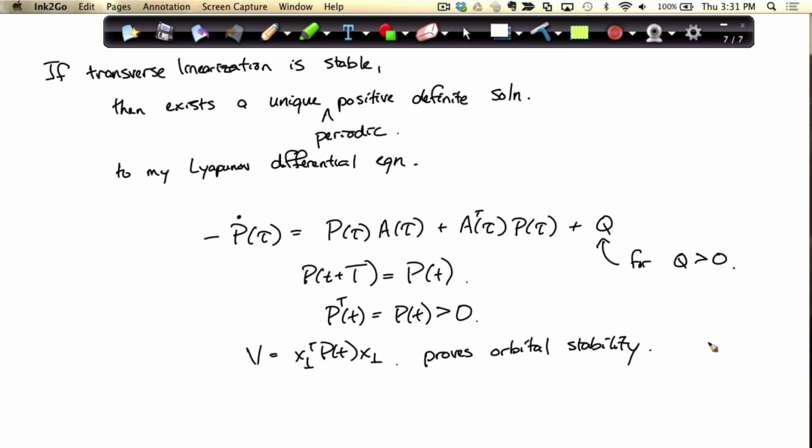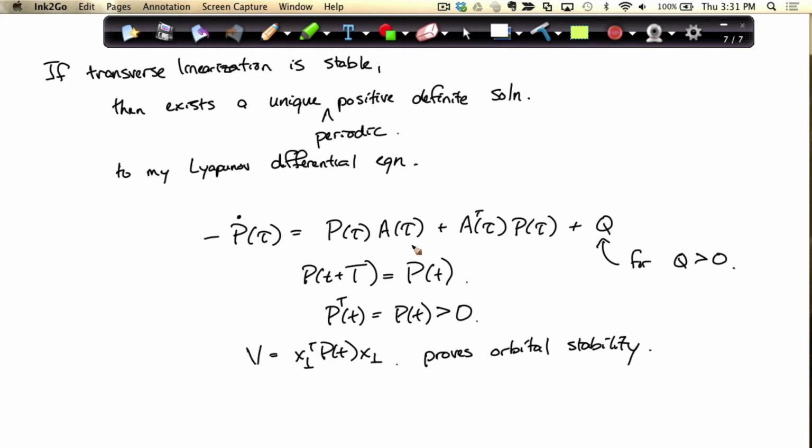You can just solve the Lyapunov equation with specific methods. And that gives us a Lyapunov function for the linear system, if and only if the linear system was stable. That same thing's true here in the transverse linearization. If that system is stable, then we're going to be able to find a Lyapunov function like this.